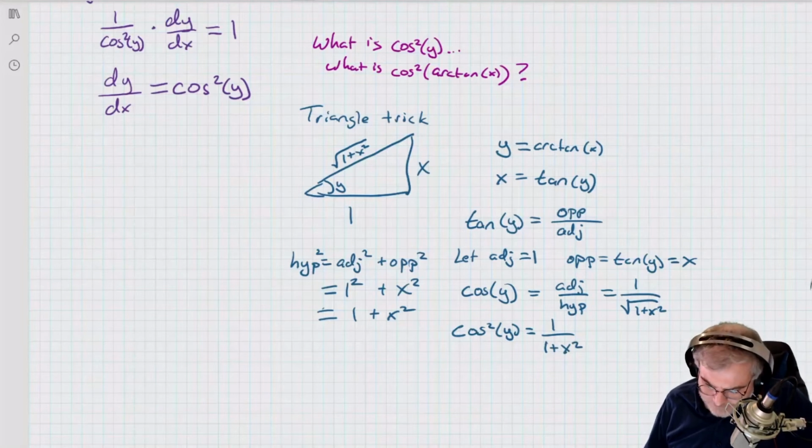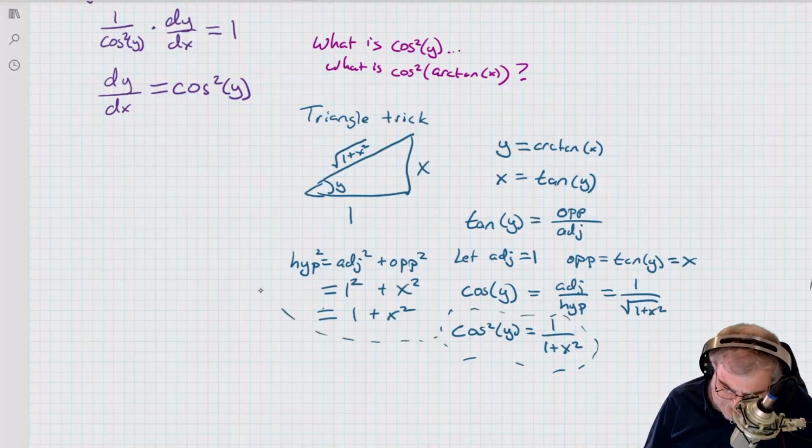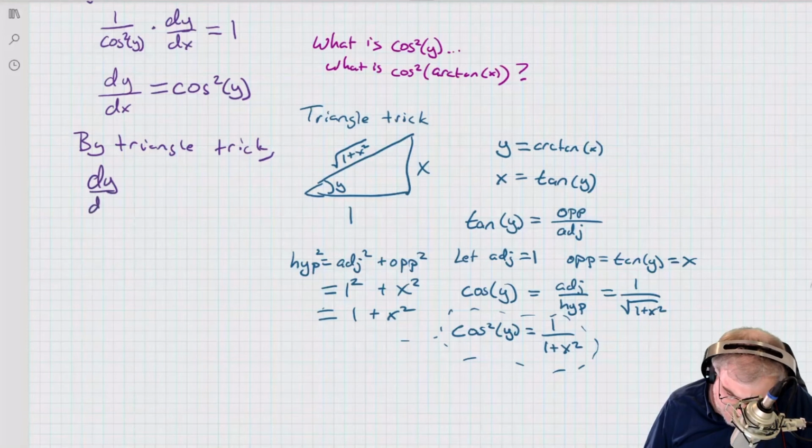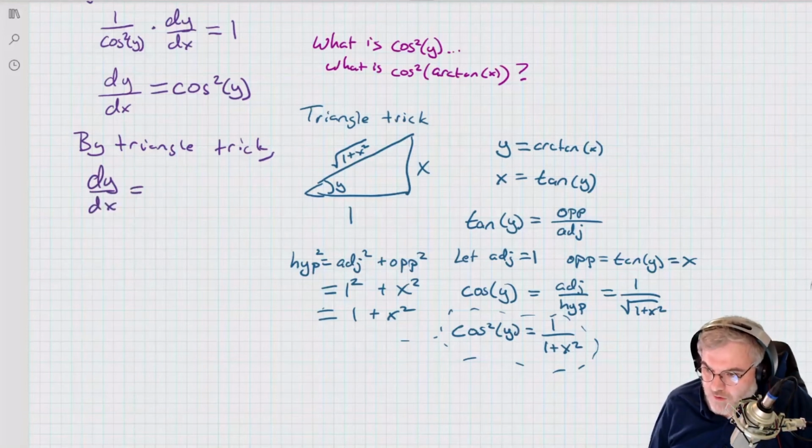Okay. So what I'm going to do is use this piece right here, which goes back into that. So then I wind up with the following: dy over dx equaling this bit right here, 1 over 1 plus x squared.